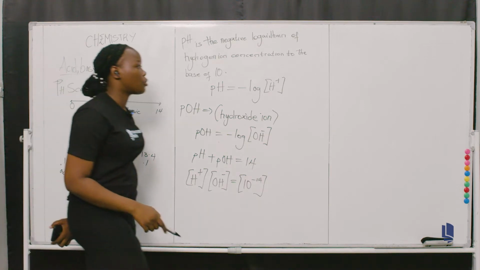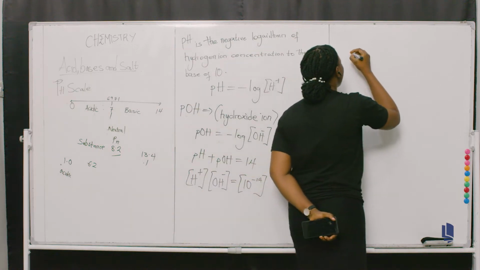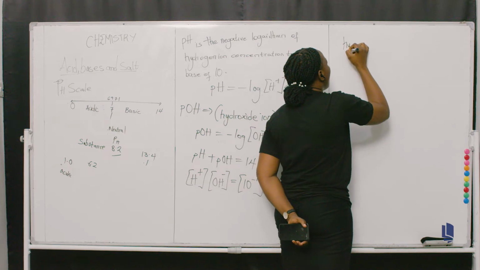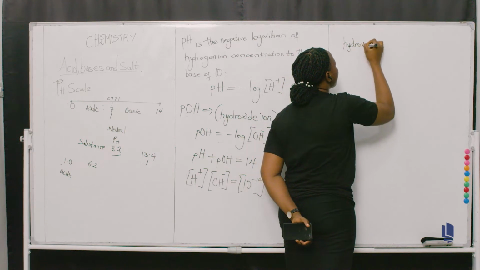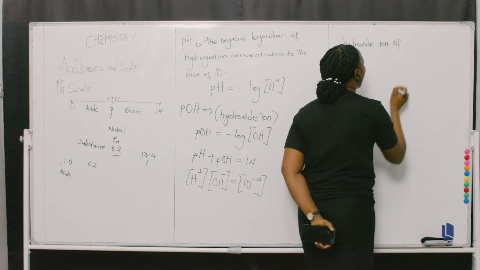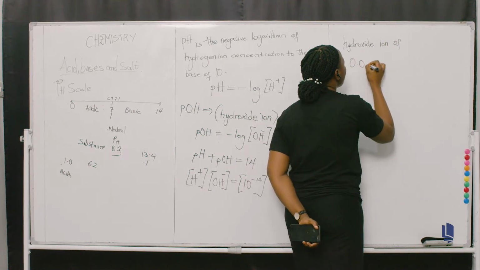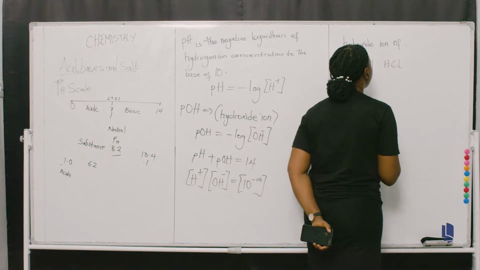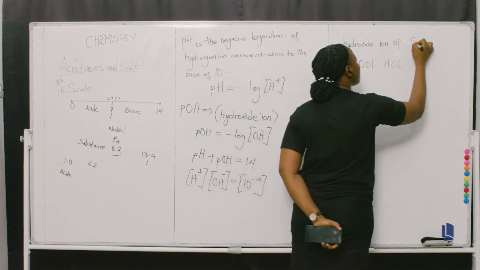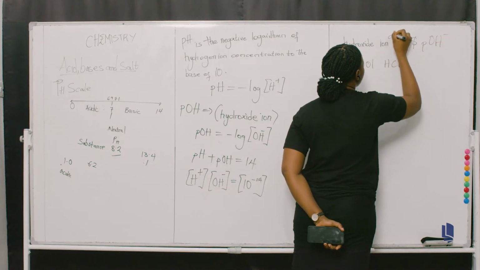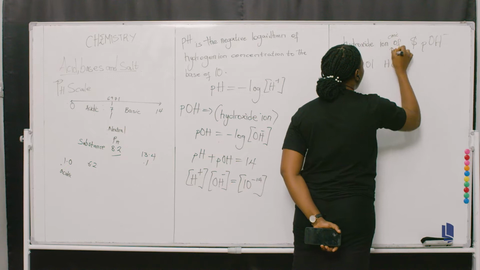Let's try a calculation question. If you are to determine the hydroxide concentration of 0.001 HCl, and the pOH.